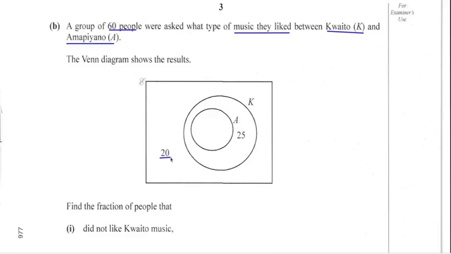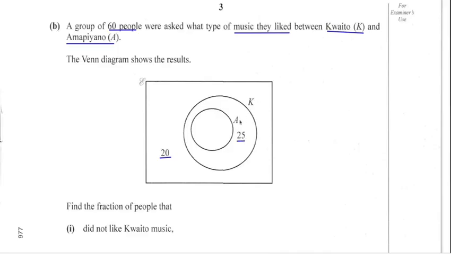Which means the rest out of 60, if I take out this 20, I'm left with 40, which means inside here I must have a total of 40 people. Now, I've been told here that this 25 here, can you guess what it represents?